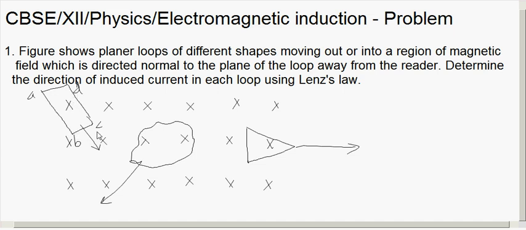The field lines which cut along the loop increase, or there will be more cross field linking the loop, and due to this change in cross magnetic field linking the loop, an EMF gets induced or a current starts flowing in the loop. Now what should be the direction of current induced? The direction of current should be in such a way that it opposes the very cause producing it. The cause here was the increase in the cross magnetic field, because when the loop is moved into the field, the cross magnetic field will increase.